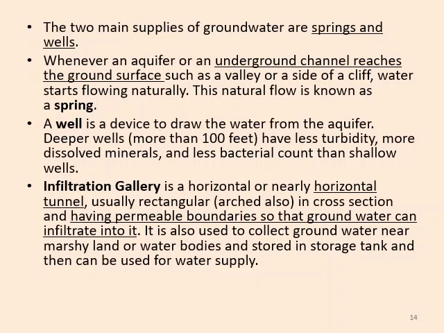A well is a man-made device to draw water from the aquifer. Aquifer means a geological formation of soil or rock or clay from where we can get a sufficient amount of water.